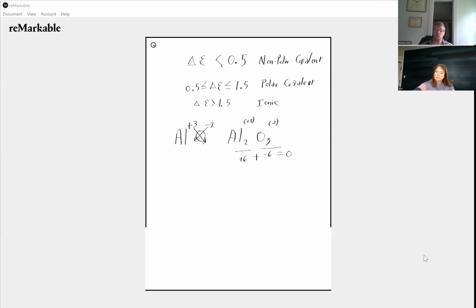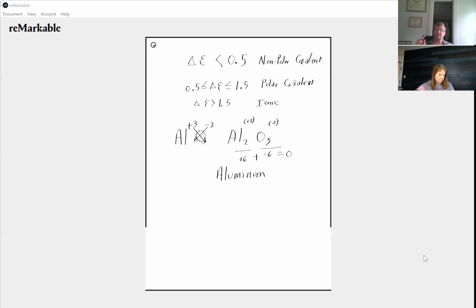To name this, you always start with the name of the cation first. Aluminum, or if you're British, aluminium. Then put the name of the anion, but change the ending to IDE for simple ions.